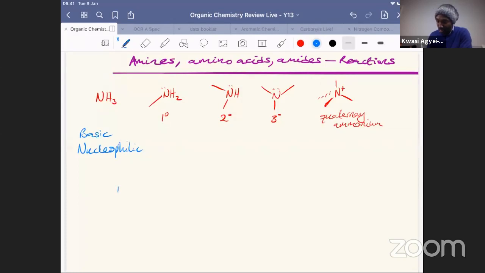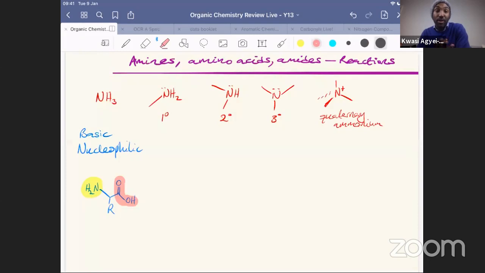You will have a carboxylic acid group, which we've seen, and then you will have an R group attached to that carbon, and you will have an amine at one end. So the name amino acid refers to the fact that you've got an amine there, and you've also got a carboxylic acid group there. And the amine of your amino acid will behave in much the same way as the amines that you've seen.